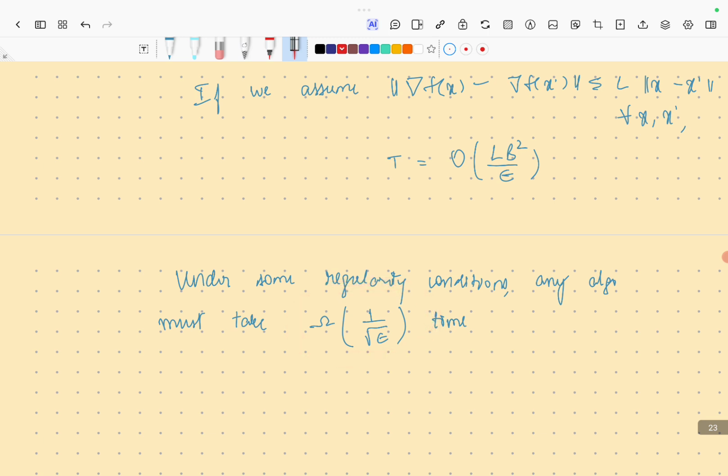For specific functions, sure, it can converge much faster. But for the worst case function, the time required would be something divided by square root of epsilon. And in fact, there is an algorithm that gets you to something divided by square root of epsilon. Hopefully if there's time, I'll try to cover that.